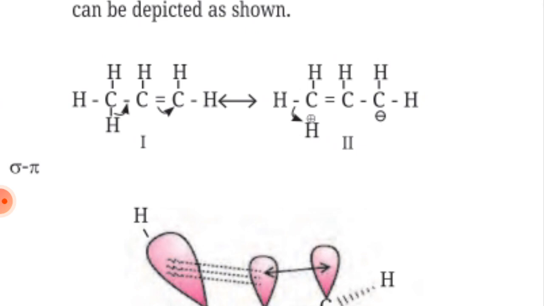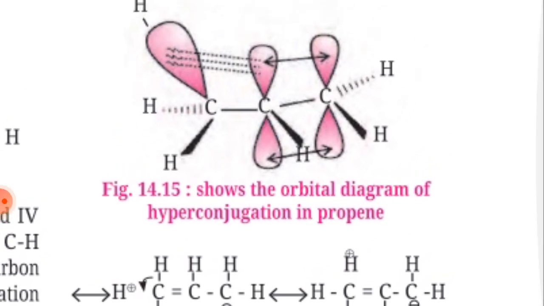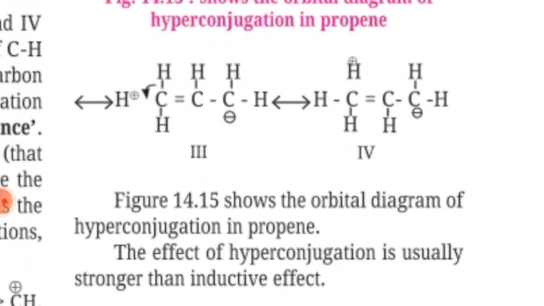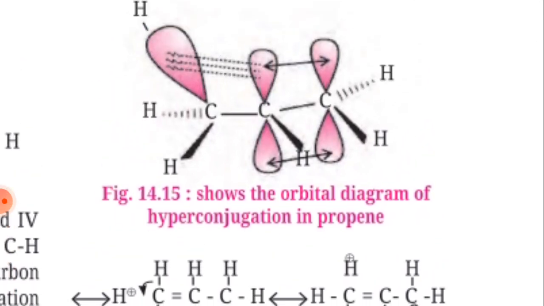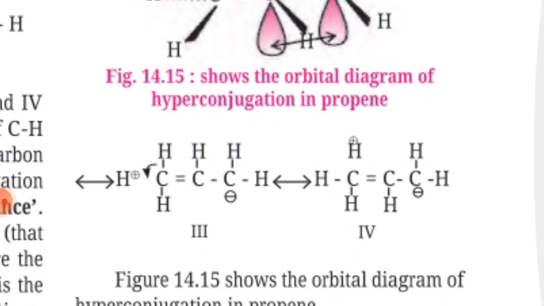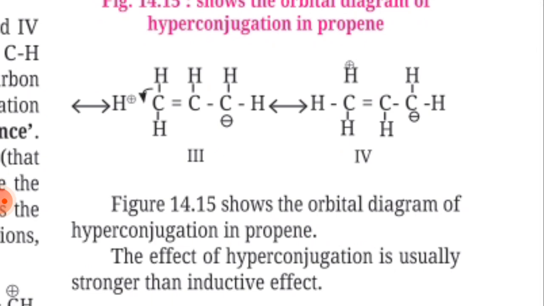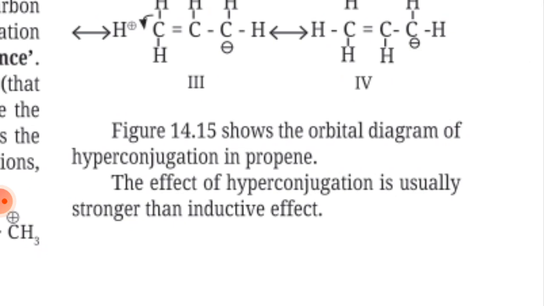CH3-CH=CH2, CH2=CH-CH2. Figure 14.15 shows the orbital diagram of hyperconjugation in propene. The effect of hyperconjugation is usually stronger than the inductive effect.